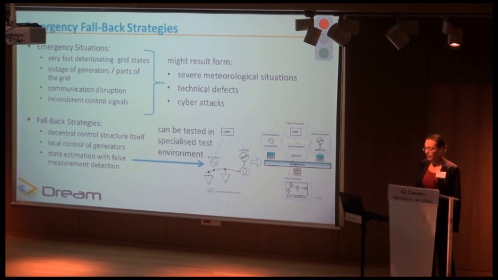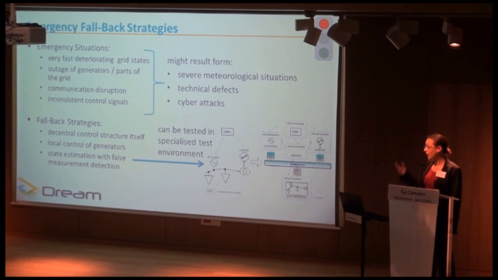Or inconsistent control signals, if, for example, the optimization is not working correctly and is sending set points that don't make any sense. These emergency situations might result from severe meteorological situations, from technical defects, or, what is newly arriving, from cyber attacks.